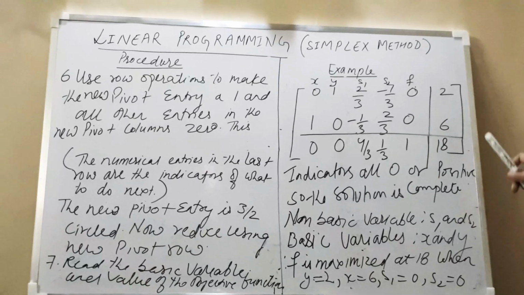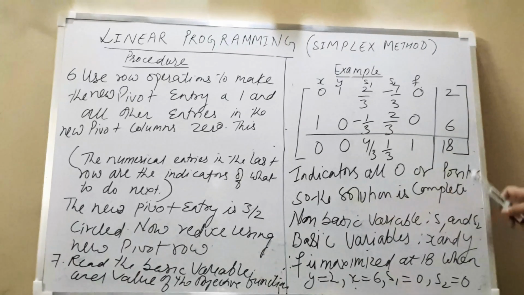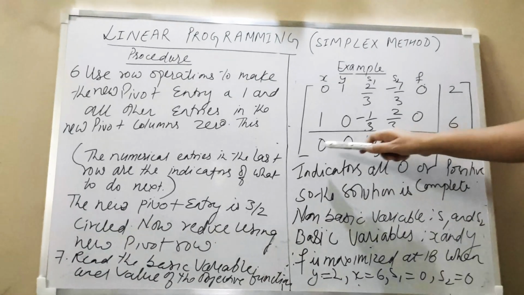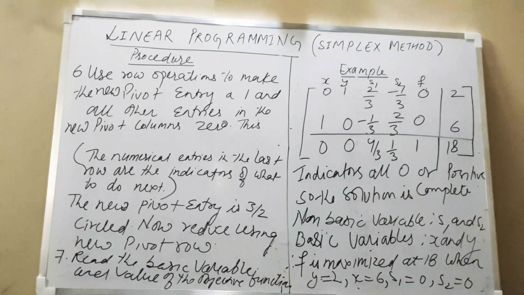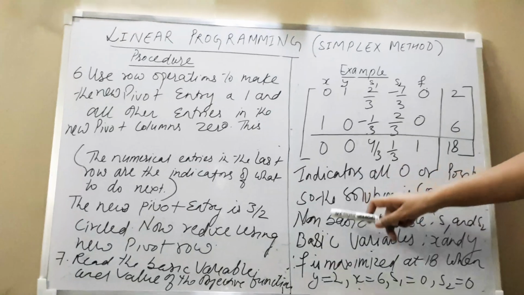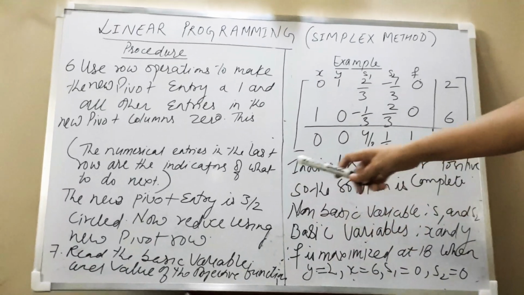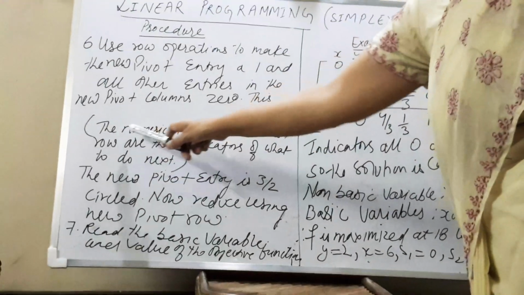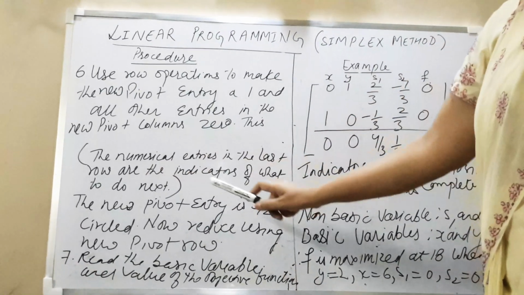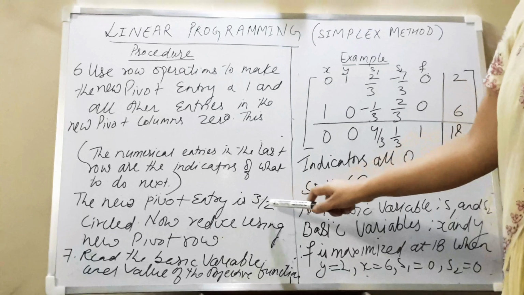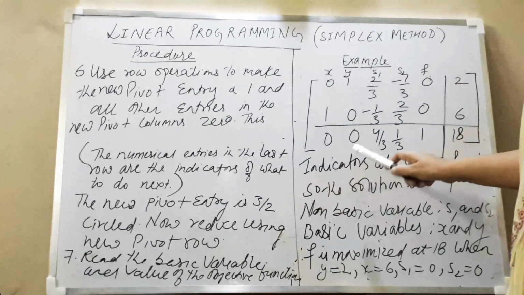So our solution is complete because there is no negative entry in the indicator last row. Here we can see that the numerical entries in the last row are the indicators of what to do next. The new pivot entry is 3/2.